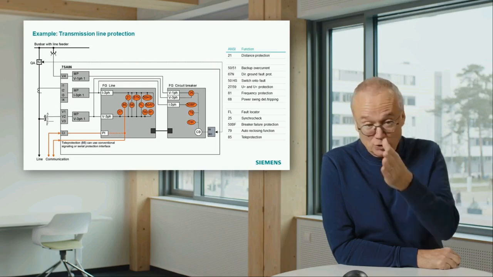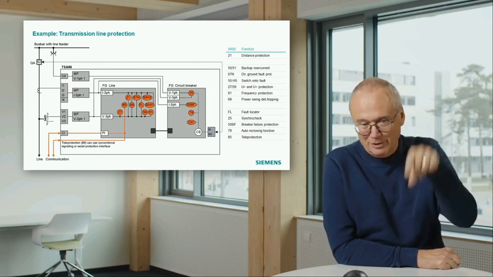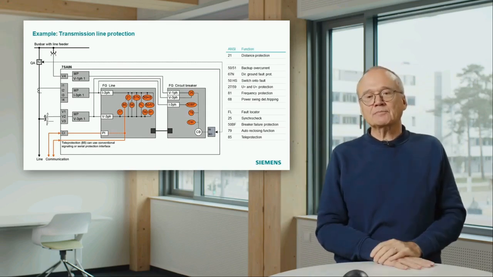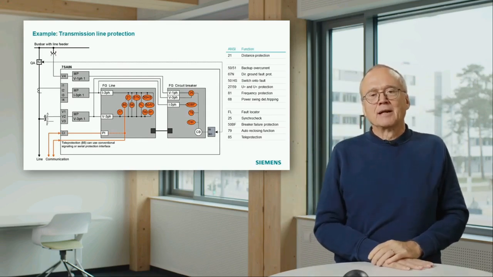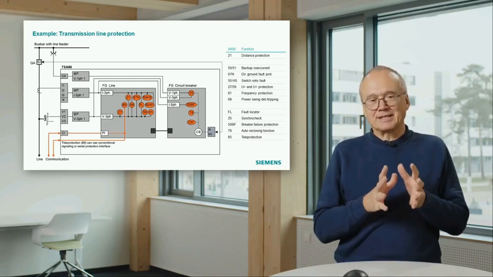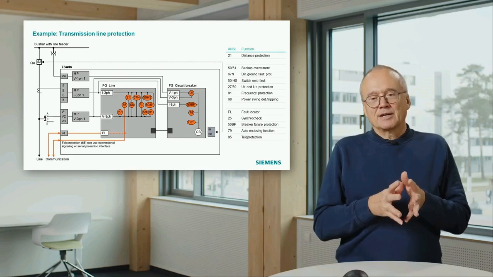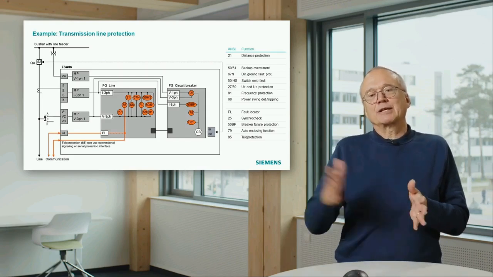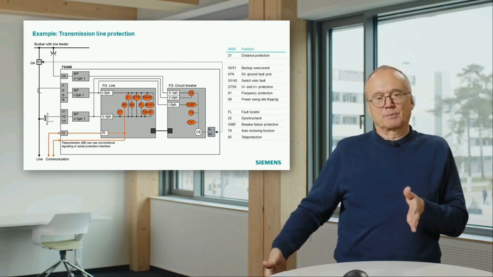And it doesn't make sense to trip because we have a short circuit, but not on the line. It's a short circuit just in the wiring. And for that reason, protection relays typically have a detection function which detects this situation. That means it detects a suddenly failing measuring voltage and then automatically blocks the distance protection.